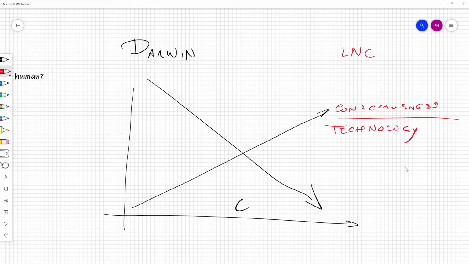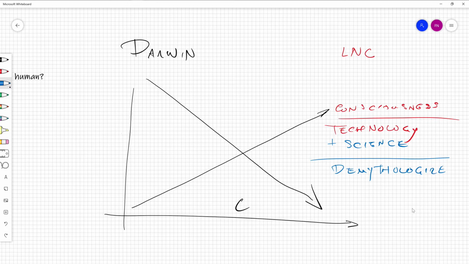One of the main problems we face, which Darwin did not anticipate, is that in the end, technology, when coupled with science, serves to demythologize what it means to be human.